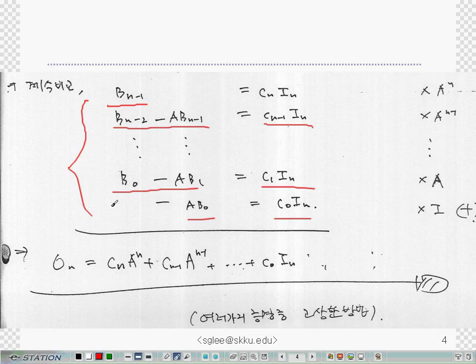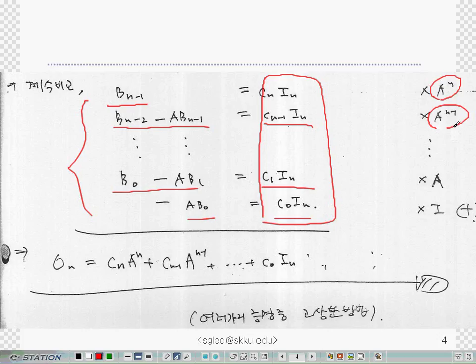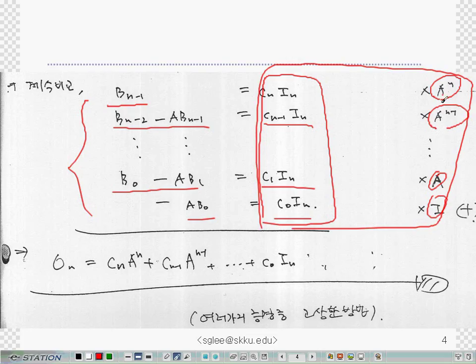So how do we deal with this? We know if we multiply A^n here, A^(n-1) here, and A and I here, and if we add the product of these matrices, then what do we have?